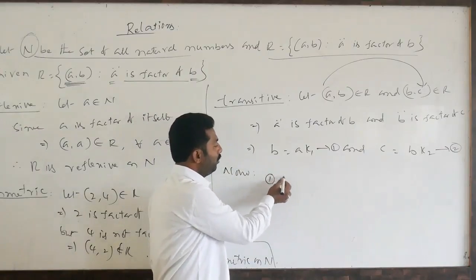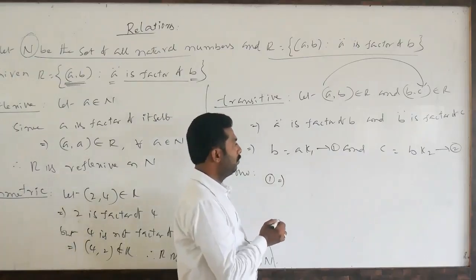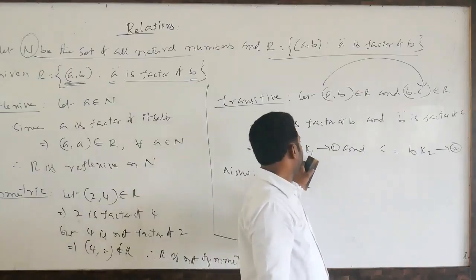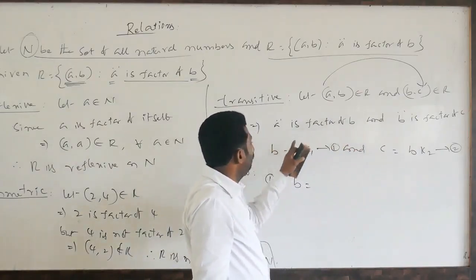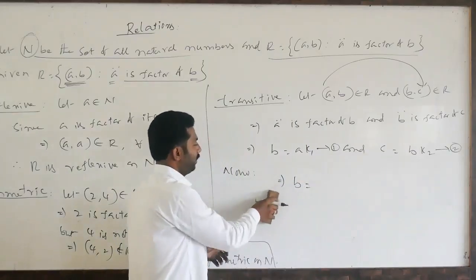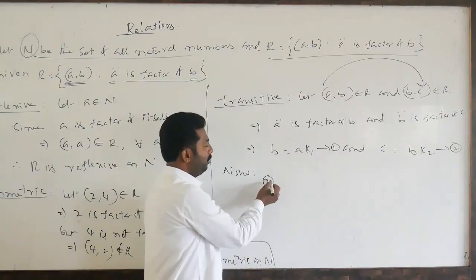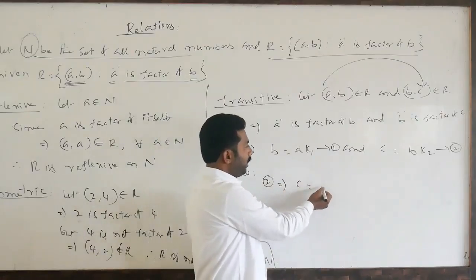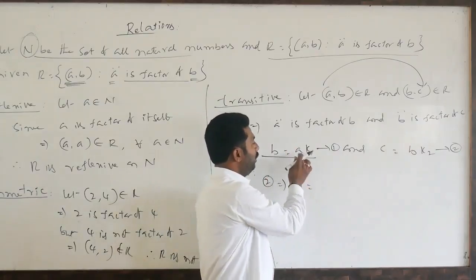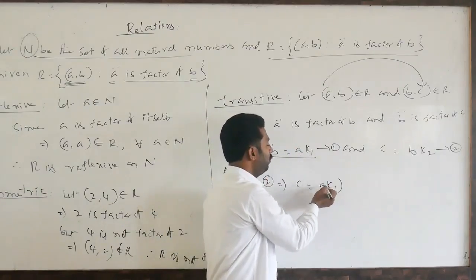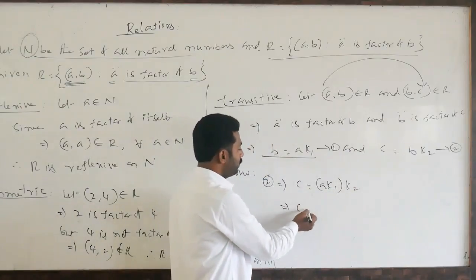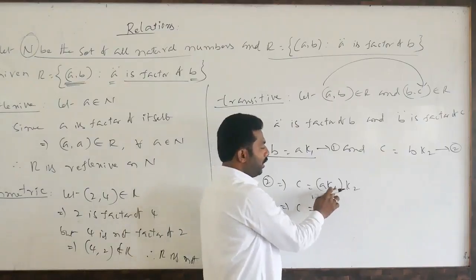Now, from equation 1 you observe, B equals A into K1. From equation 2, C can be written as B into K2. From equation 1, what is the B value? A K1. So C equals A into K1 into K2. From this, C equals A into lambda, where lambda equals K1 into K2.